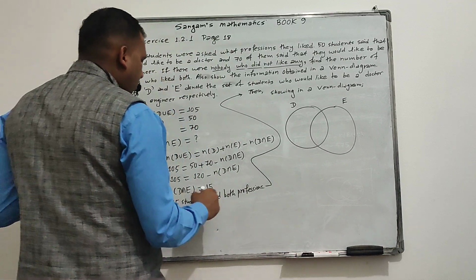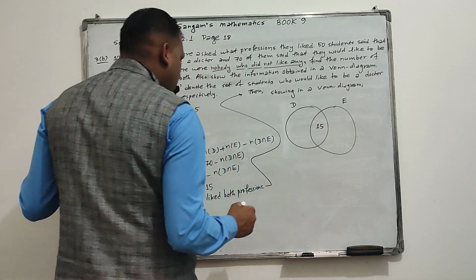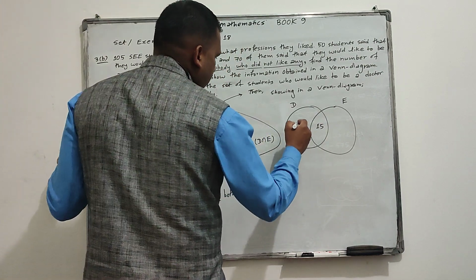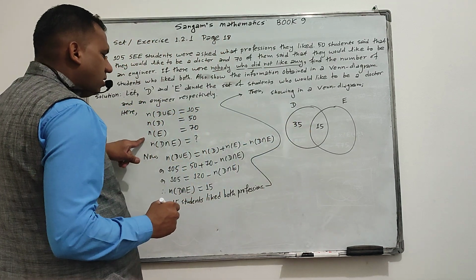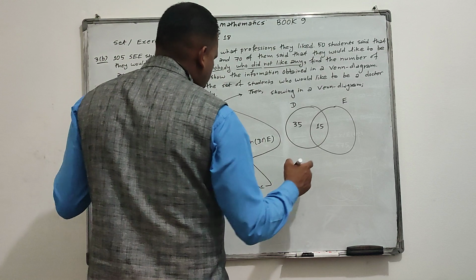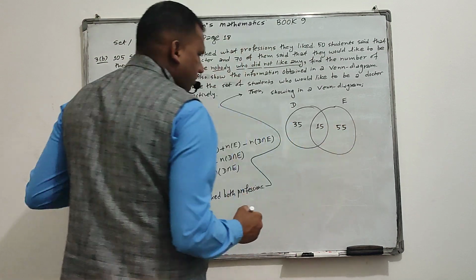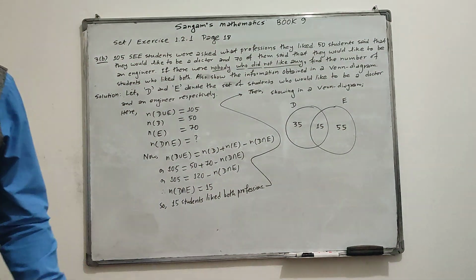Like both professions, that is 15. 15 is over here. Like doctor only, 50 minus 15, that is 35. Like engineer only, 70 minus 15, that is 55. This is the required Venn diagram.